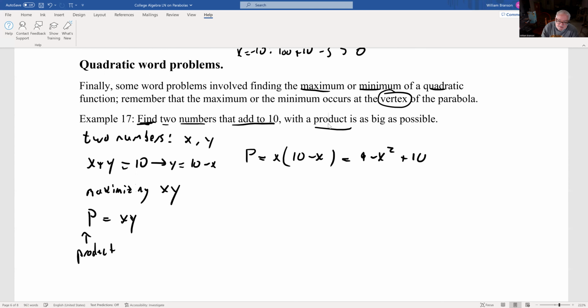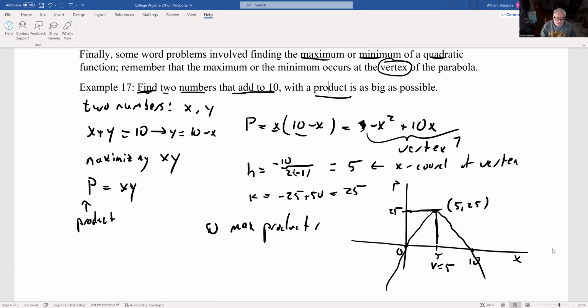That the biggest value of p is 25, and it occurs when x equals 5. And what are x and y? They're both 5. And once we know x, we can plug that in here to get y. Okay, so it's a problem that turns into a parabola, and you're trying to find the vertex of the parabola.